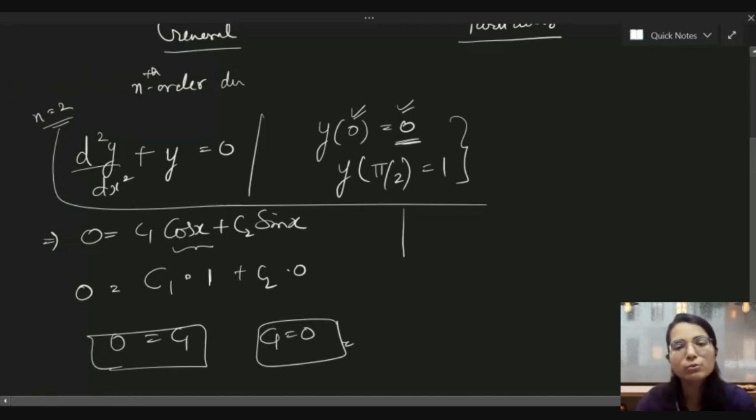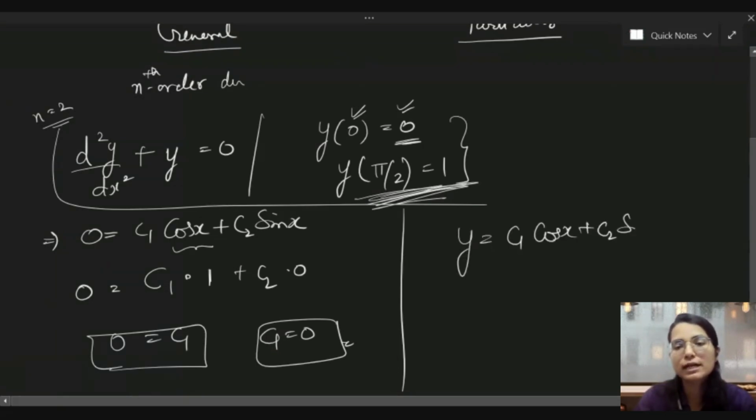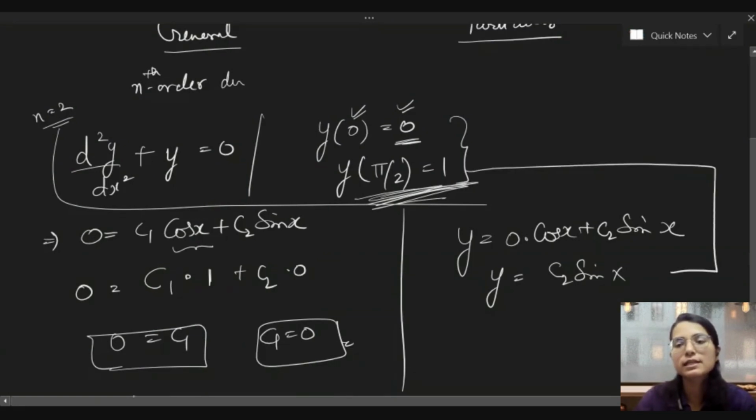Now, if you want to apply the second condition, your equation is C1 cos x plus C2 sin x, but C1 has become 0. So I will put 0 here. My solution becomes C2 sin x. Now apply this condition on this.